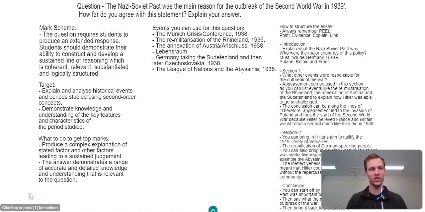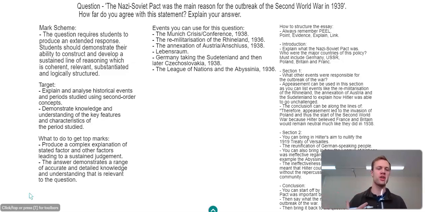So, the next section, what to do to get top marks. This question is worth 16 marks. Much like the time management, this is imperative on getting it right. So, all you need to do is produce a complex explanation of stated factor and other factors leading to a sustained judgment.